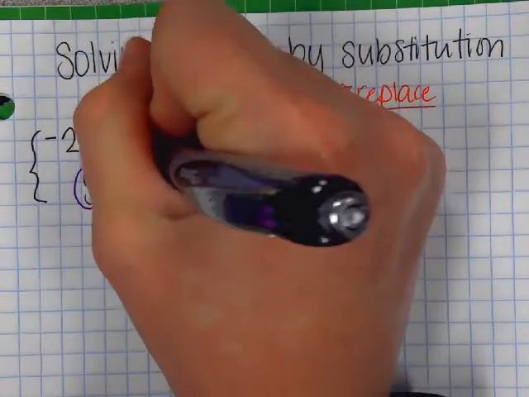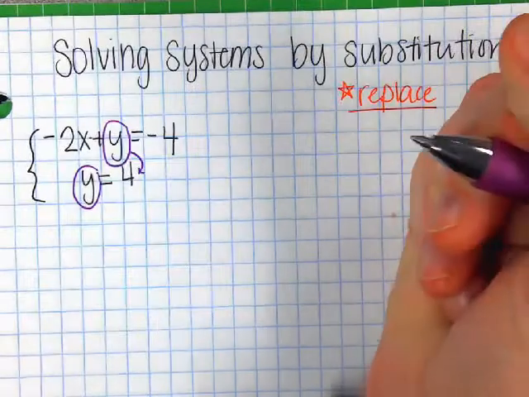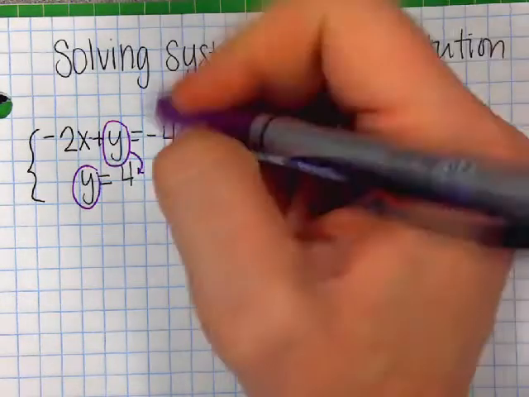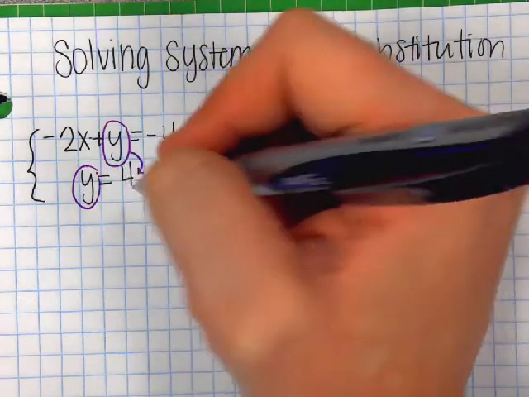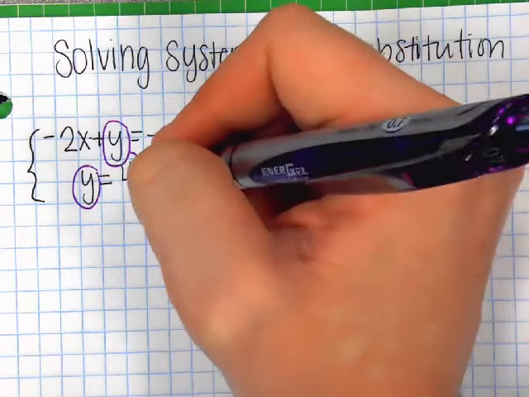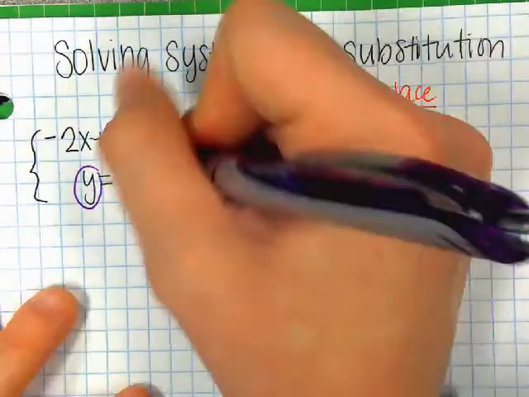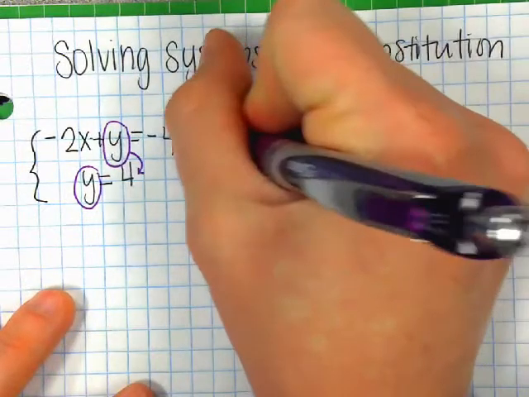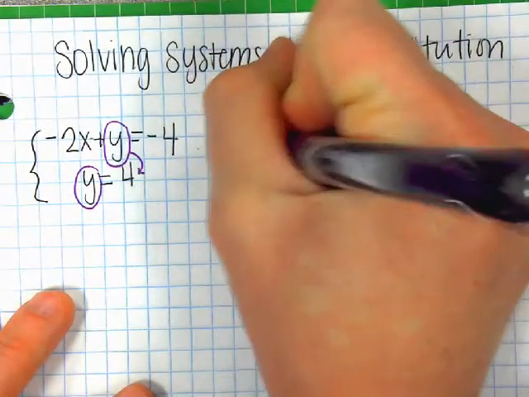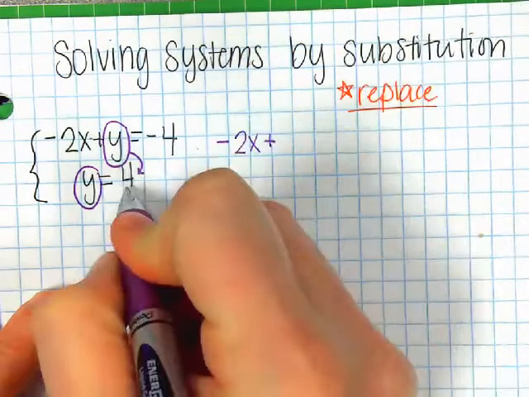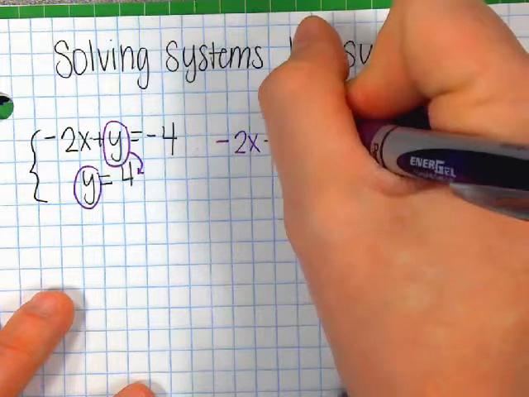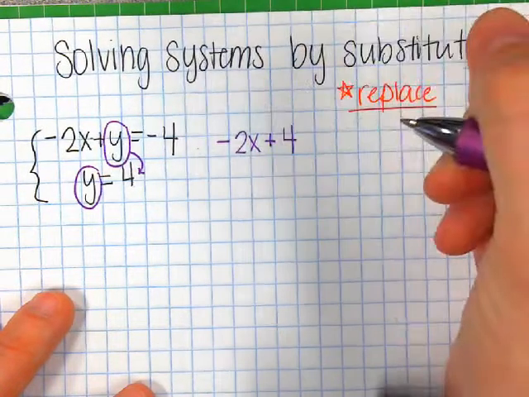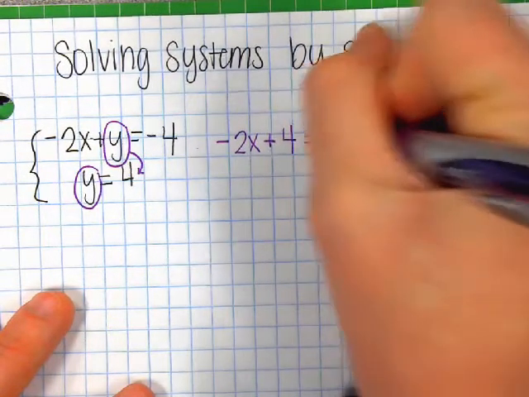So we're going to replace the y with what we know y equals. It tells us y equals 4. So we're going to take out that y and rewrite the equation so that the y is written as a 4. So negative 2x plus, again, change the y to what we know it's equal to, 4 equals negative 4.